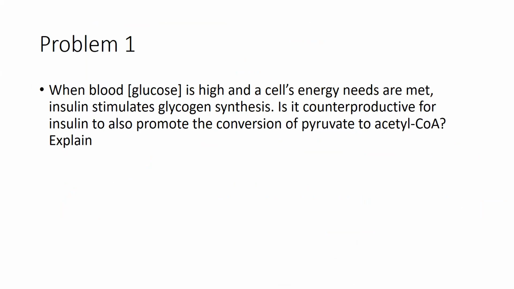So a question for people, another one of these critical thinking, you are now almost ready to leave college type of questions. When blood glucose is high and the cell's energy needs are met, insulin will come in and say, start storing that glucose as glycogen.